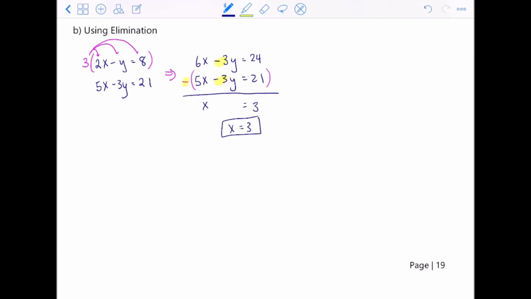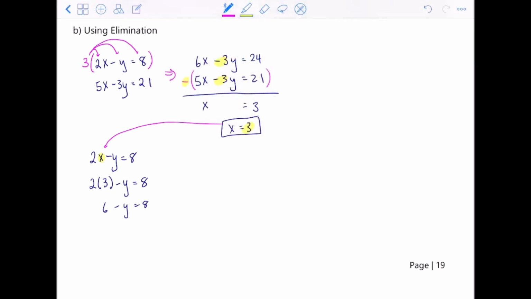Right? So we're going to sub this x value into equation 1. So let me just rewrite this. I'm going to sub it right here. So 2 times 3 minus y equals 8. 6 minus y equals 8.